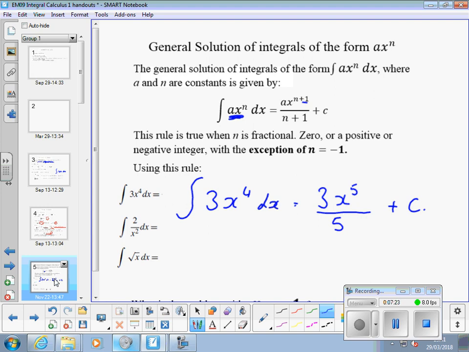N is the index that's in the original function, Peter, and you add 1 on the top, and also divide by that, which is n plus 1. So that'd be 4.